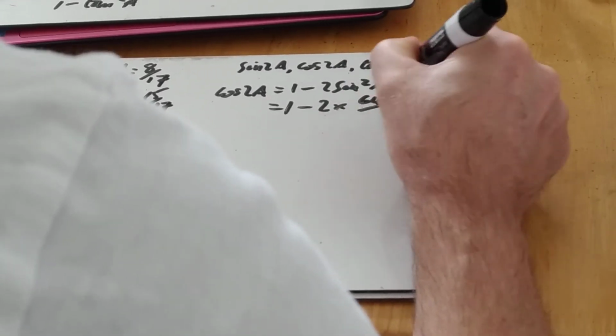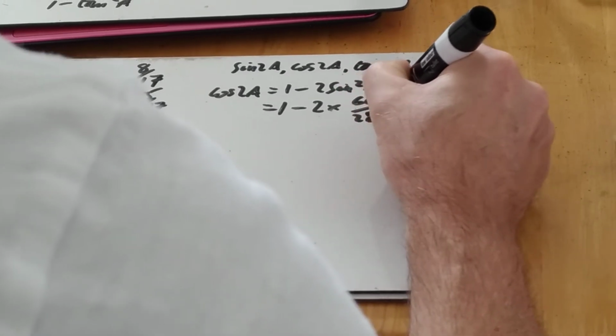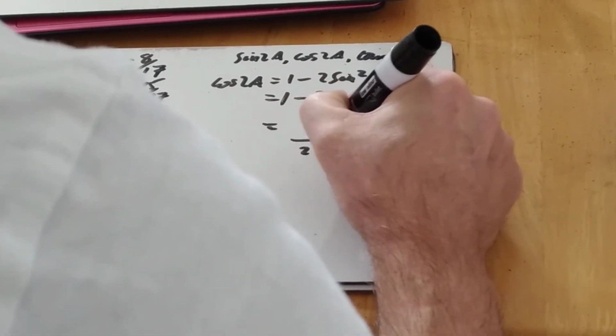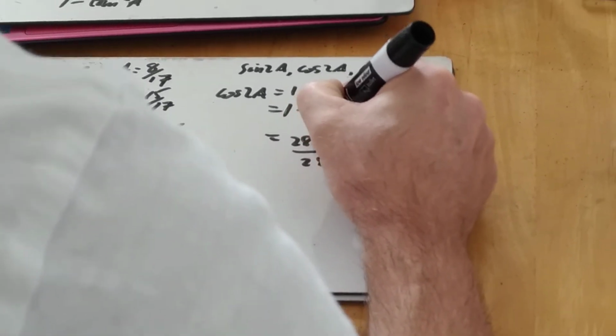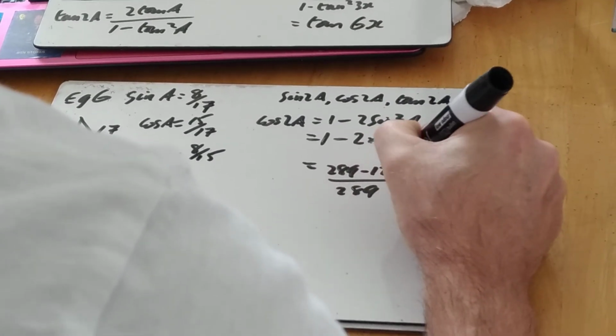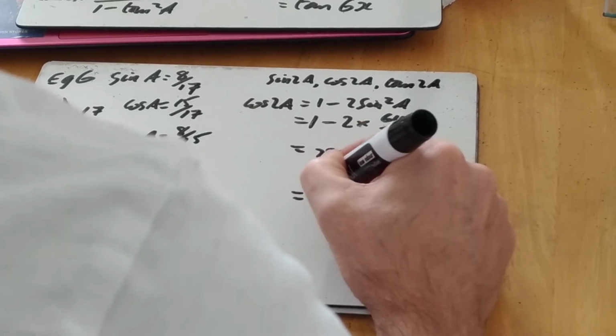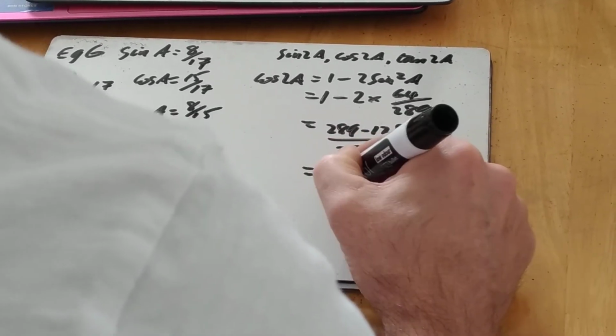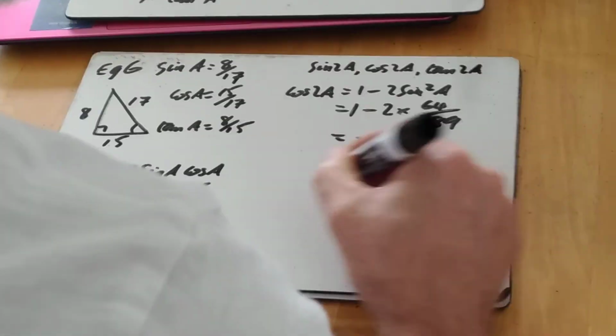So sine squared is 64 over 289. So put it all on a common denominator, 289 there, 289 minus 128, and that equals 161 over 289, and that's cos 2A.